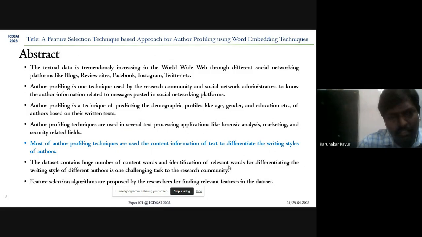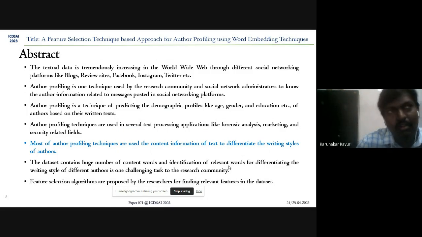In order to do this experiment, we need to consider different types of features. The text has a number of features like stylistic features, content-based features, content-specific features, like that.